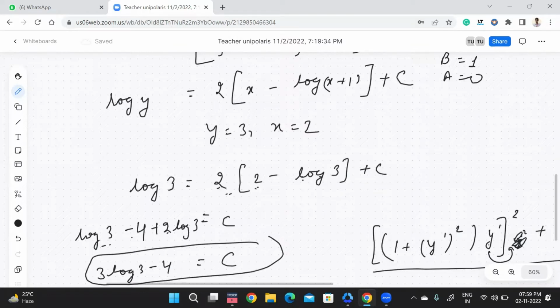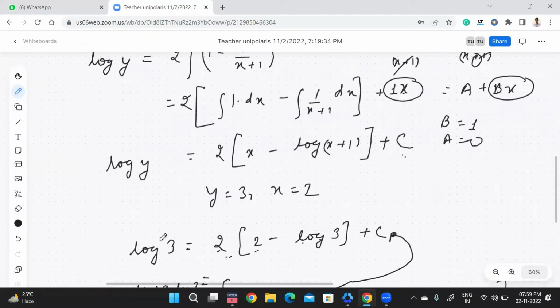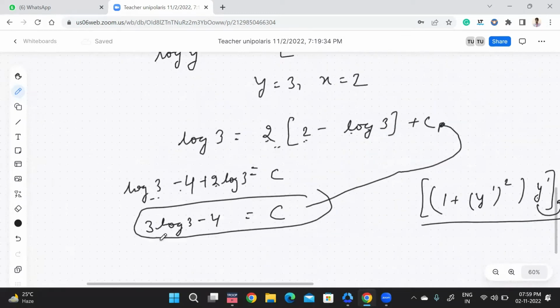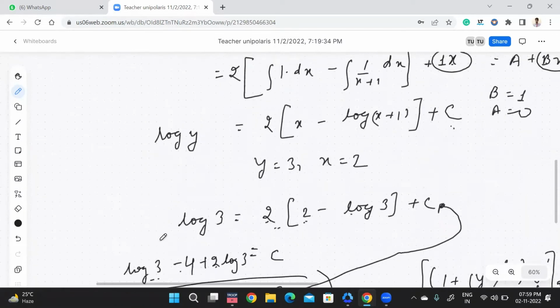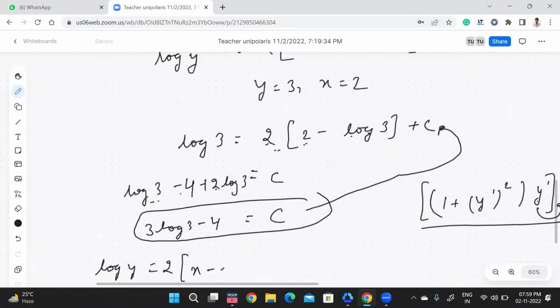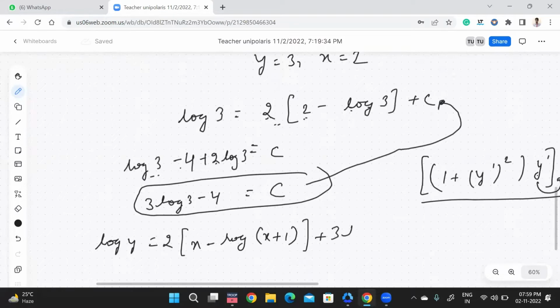Now we can just substitute this value of c back here to get our solution as log y equals 2 times x minus log of x plus 1 plus 3 log 3 minus 4. So this is our particular solution for the differential equation.